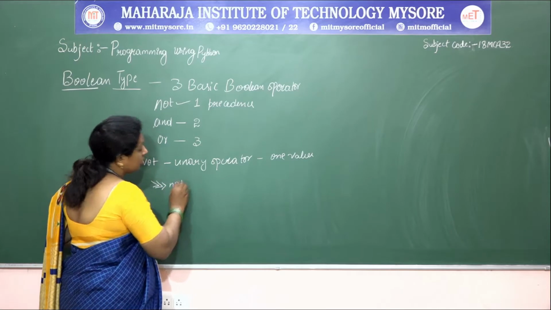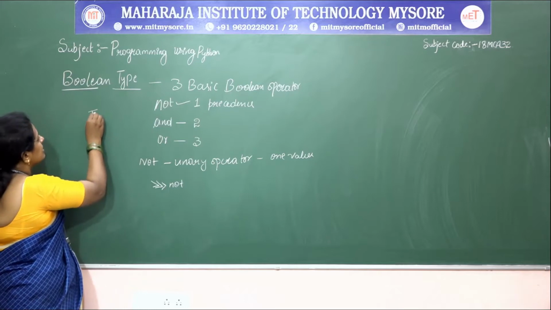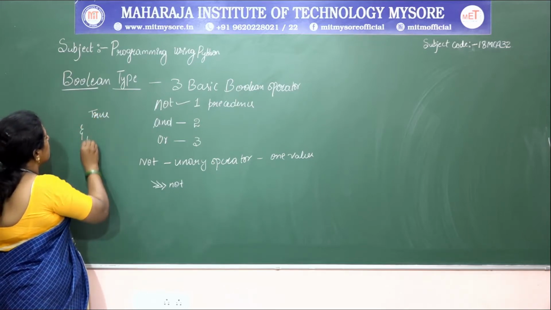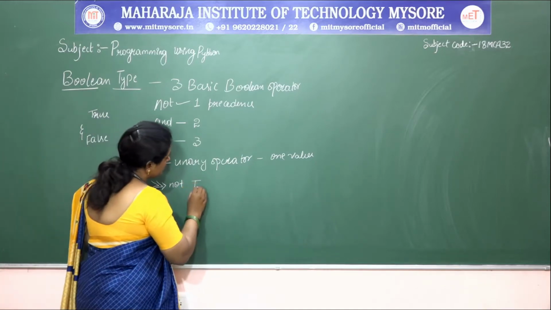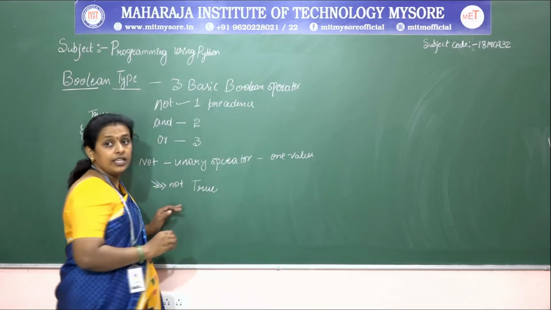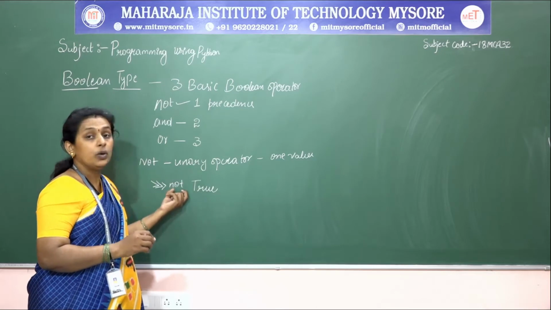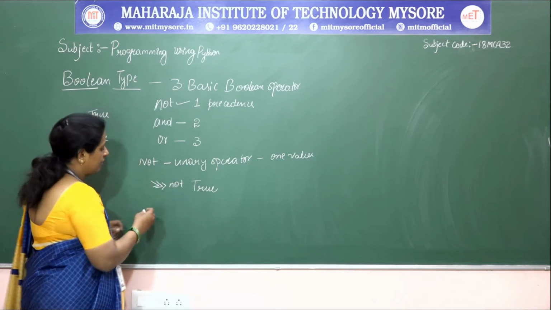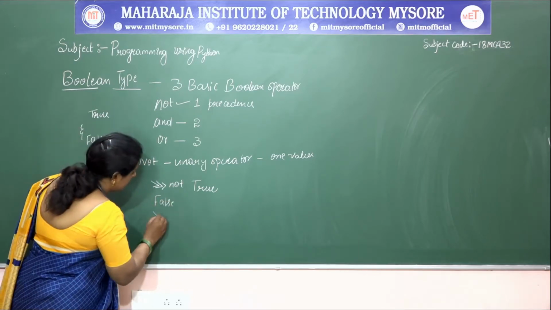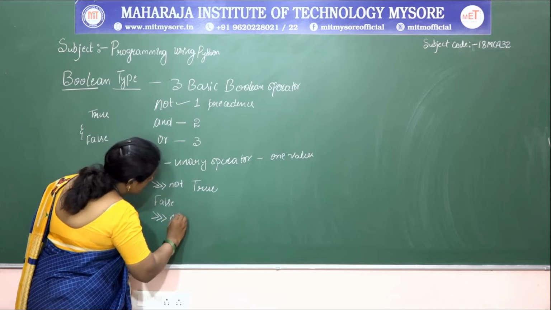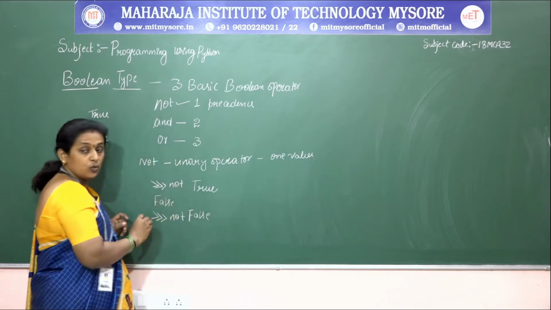Let's look at an example with the not operator. The two Boolean values are true and false. Not true: here I am passing the value true, so not evaluates it as false, and I get the output false. Not false gives the output true.